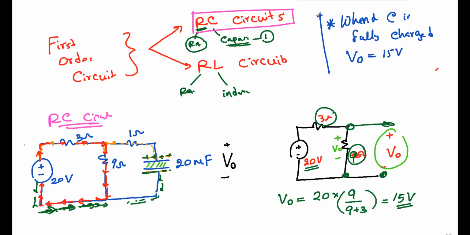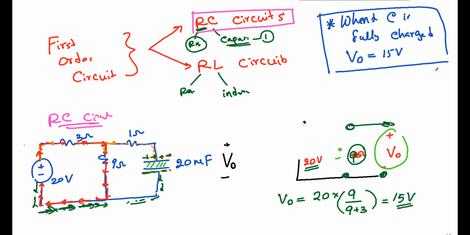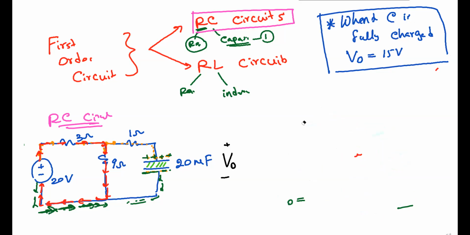So we found this. Now let's see in this RC circuit, what we are looking at is when the capacitor is charging and discharging, how the voltage across the capacitor is changing. So in this circuit, I will redraw it because otherwise I'll try to clean this one a little bit.